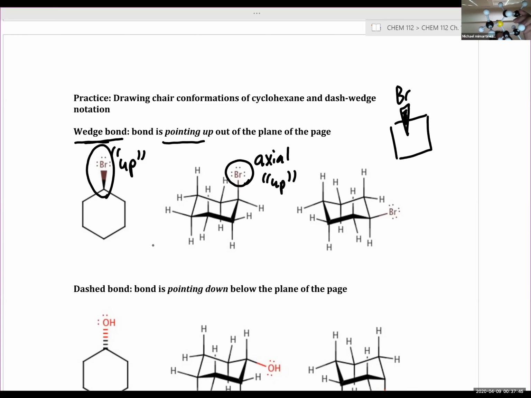The methyl group, exactly right. So this methyl group is equatorial, but it's still pointing up. Does that make sense to everyone? Anyone have any questions so far? And I really encourage you to make a model of the cyclohexane ring and play with it at home.